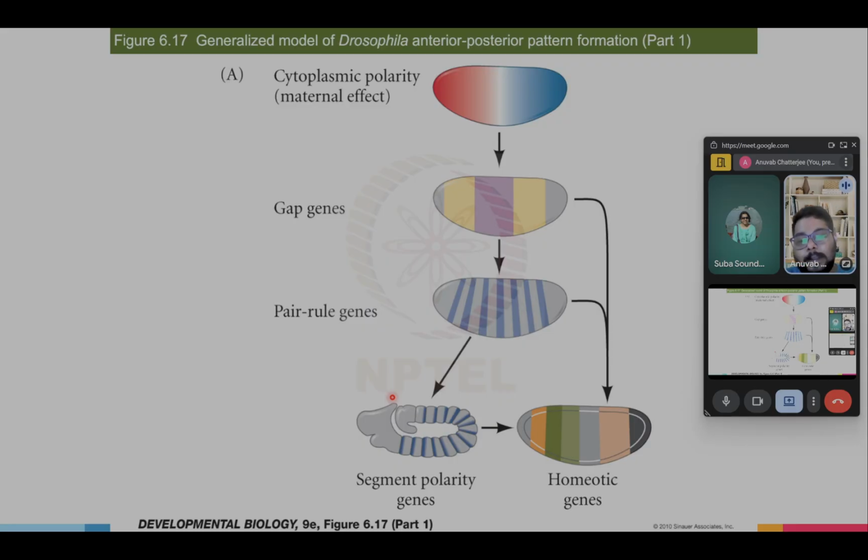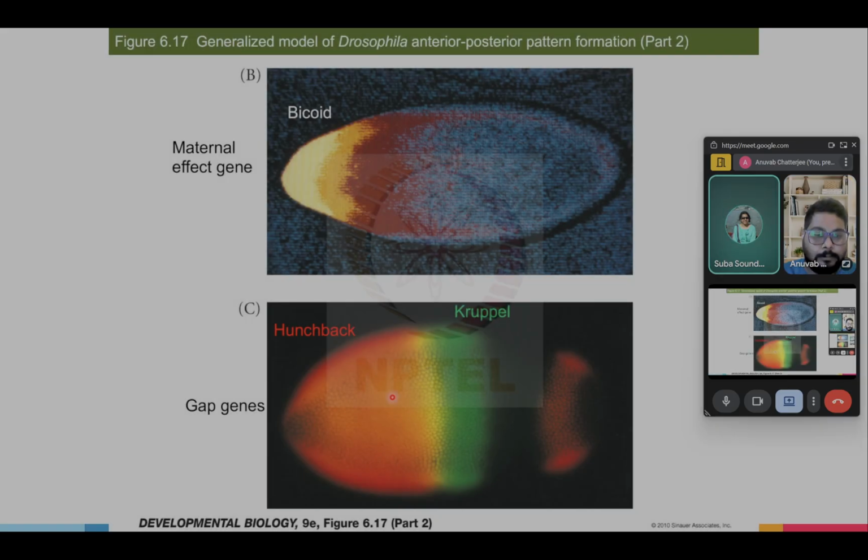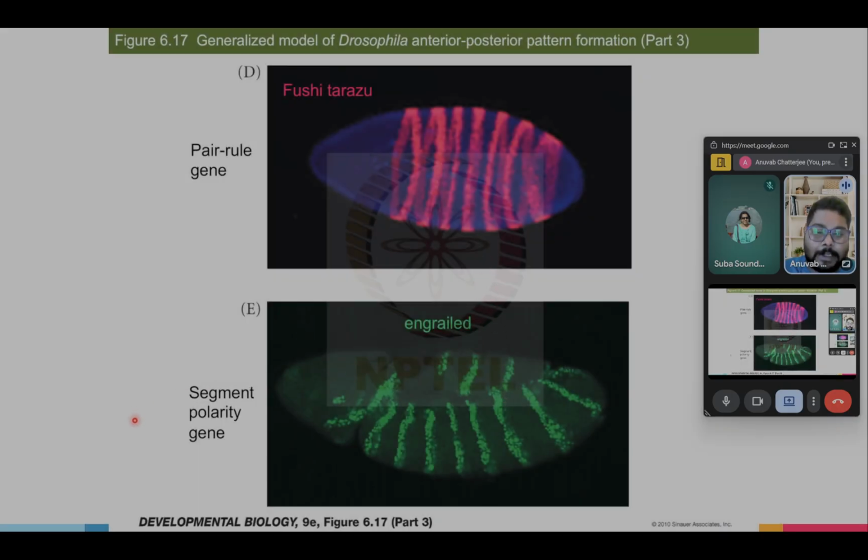But it is still a developed late stage embryo. Like with the gap genes, you can actually still see the nuclei divided, but by the time we have the segment polarity genes, the cellularization has already occurred. So this looks like a larvae because it is almost developed. But you are correct, yes.